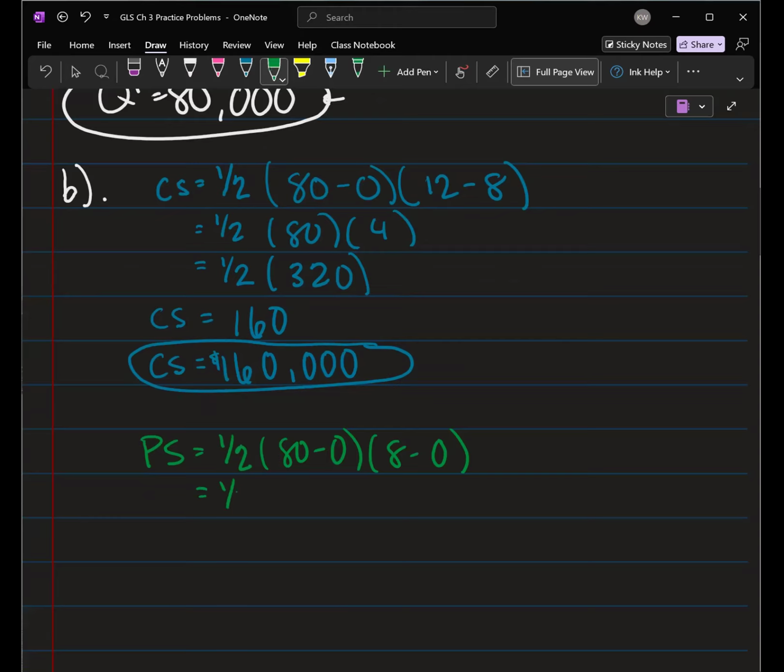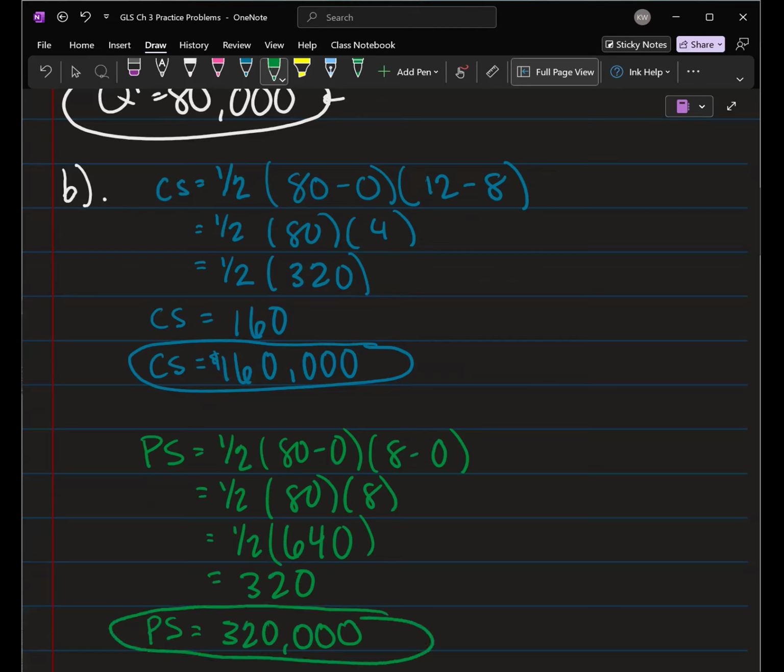Okay, so that gives us 1/2 times 80 times 8. So we have 1/2 times 640, and that's going to give us 320. And then lastly, we need to multiply that result by 1,000 since our quantity units are measured in 1,000. And producer surplus here is $320,000.